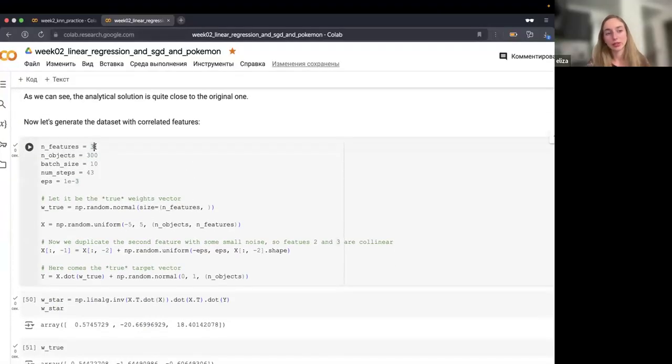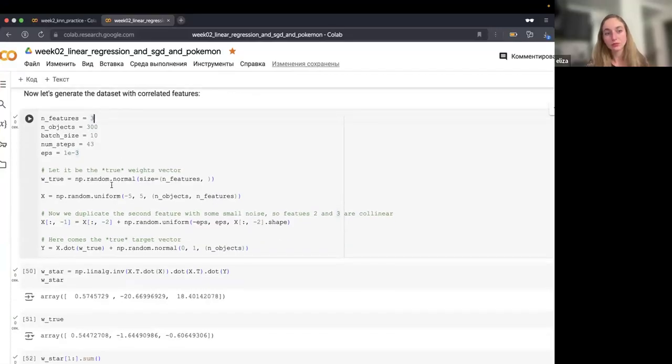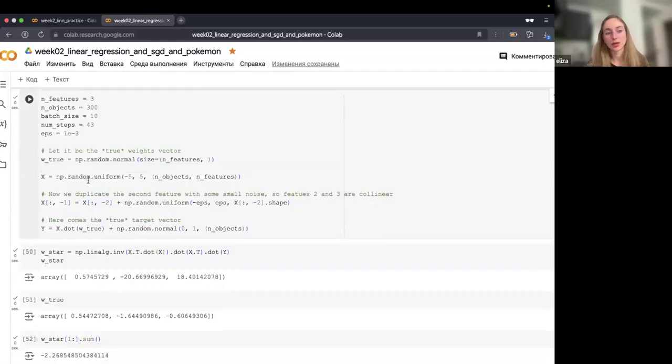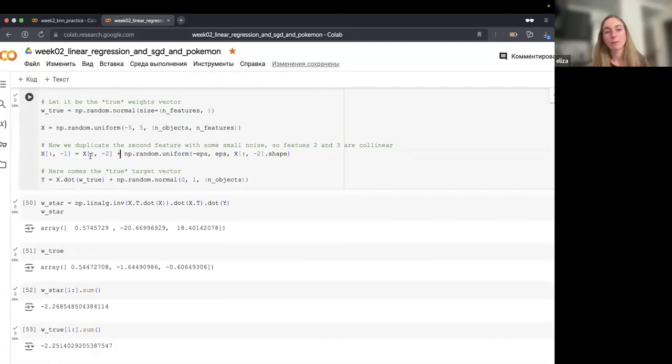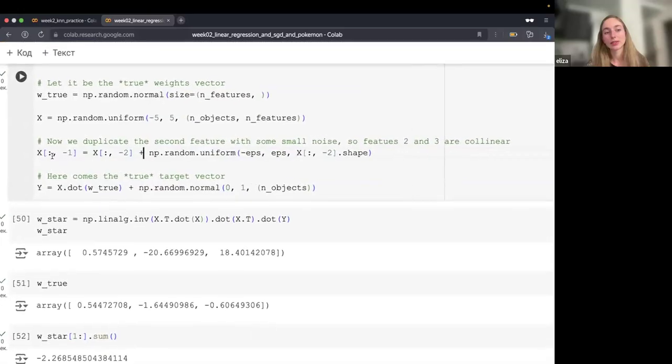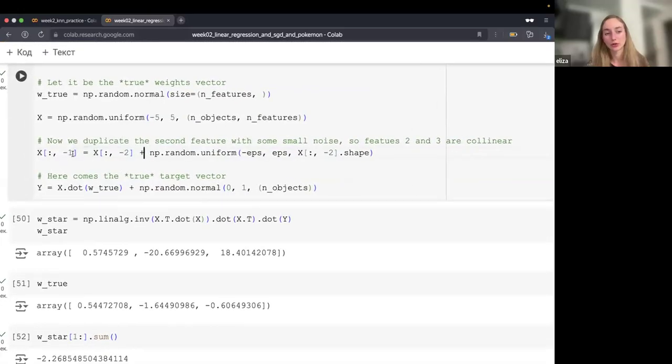Let's take three features, generate true weights, and the matrix X from a uniform distribution, but let's fix our third feature.